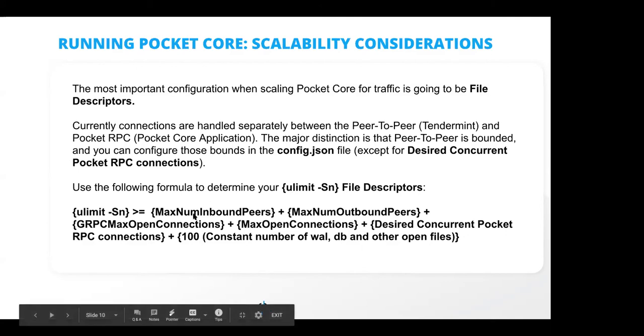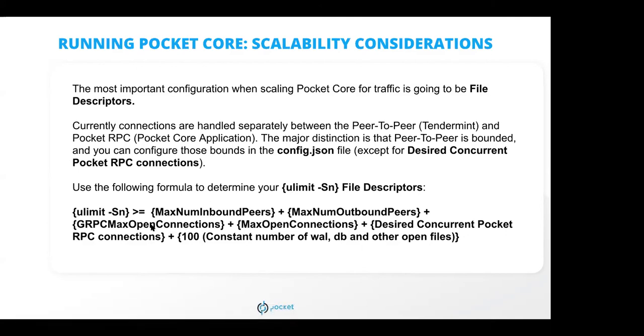So the next thing that you need to have is the number of gRPC max open connections. These are the connections that happen via WebSockets between the Pocket Core application and the Tendermint node, which also is different from the max open connections, which is the ones that happen via HTTP to the same Tendermint RPC. Tendermint exposes two things. It exposes an ABCI interface through which it alerts the Pocket Core node of everything that is happening on the blockchain side.